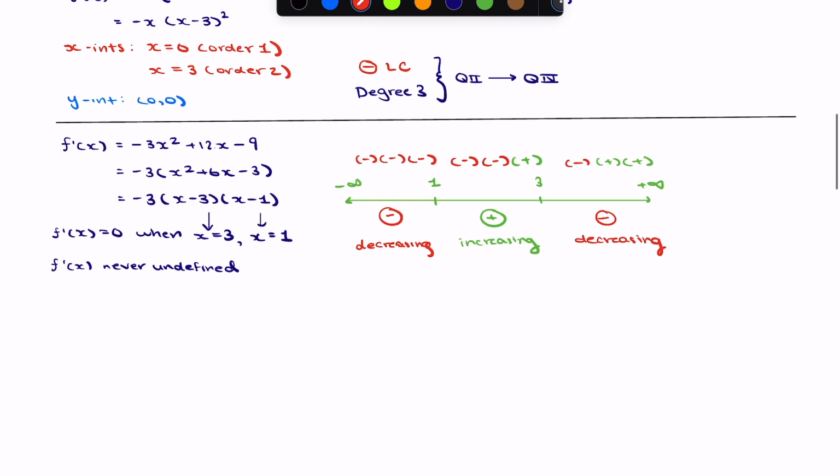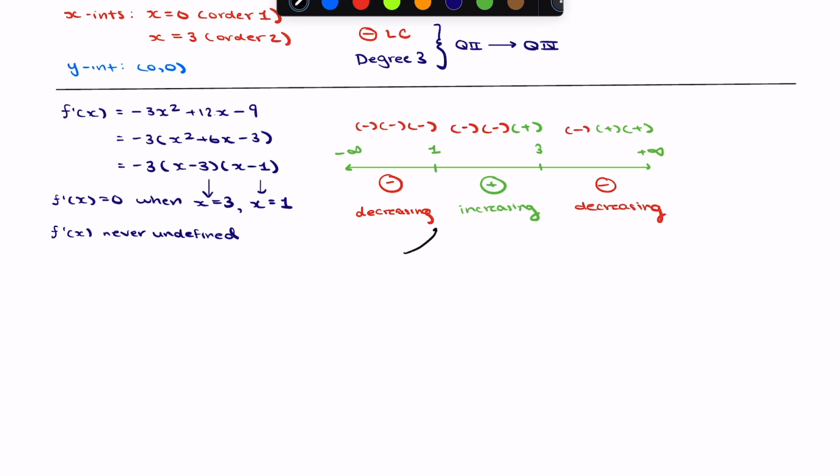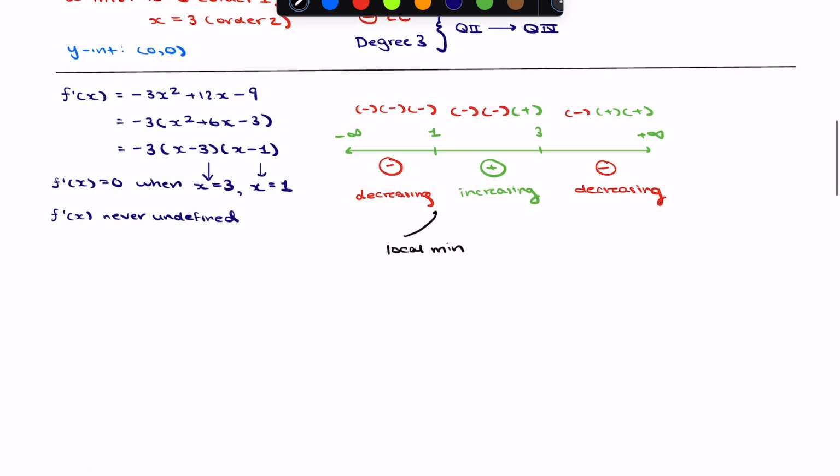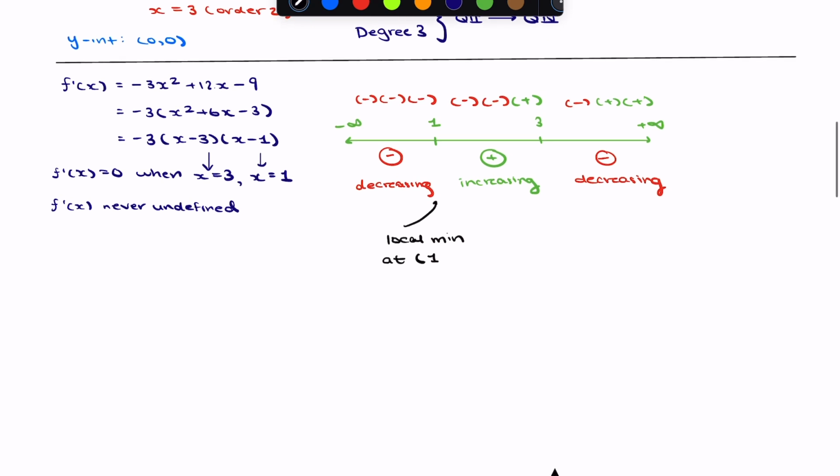And what we can take from that is that at 1, there's a local minimum. There's a local minimum at 1, and we're going to sub in 1 into our equation to see where the y value is.